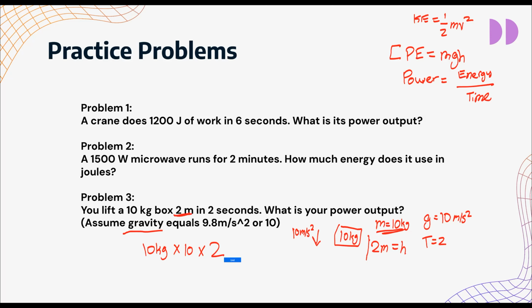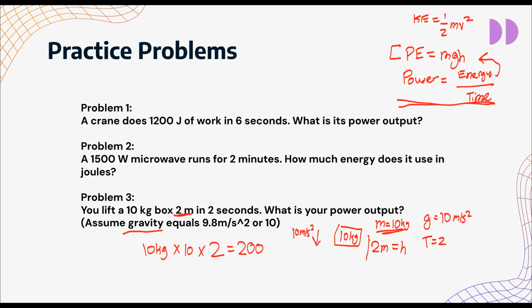When we multiply this, it equals 200, correct? We can also use the power equation. We need to find the energy, which is what I'm doing right now. The energy is equal to mgh, where h is the height.